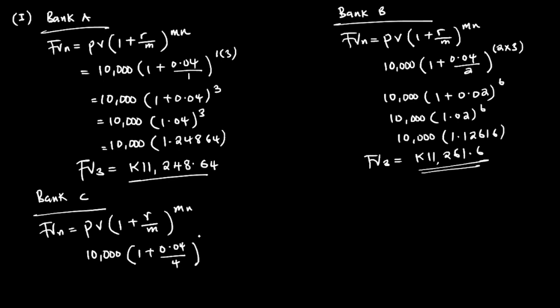Why are we dividing by 4? We know that in a year there are 4 quarters, so that will be 4 multiplied by 3 there. So we shall say 10,000 times 1 plus 0.01 to the power 12.